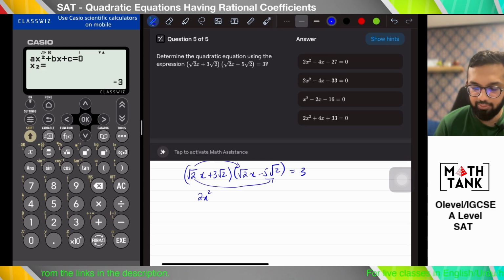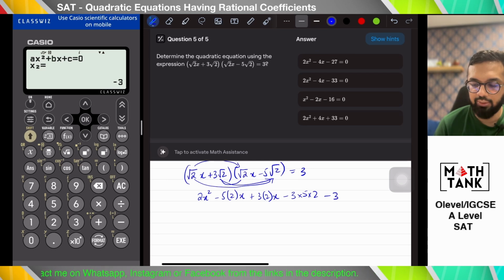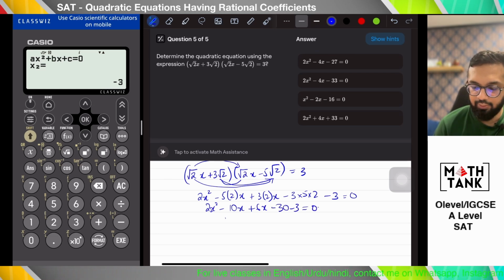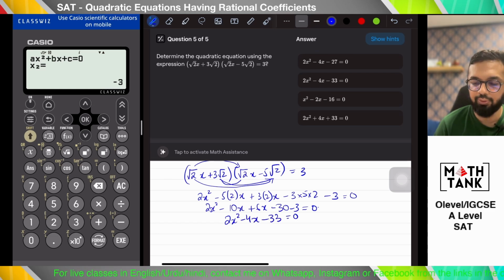Then this multiplied together will give me minus 5 into 2 into x plus 3 into 2 into x, and then minus 3 into 5 into 2. Minus 3 from the other side. So that gives me 2x squared minus 10x plus 6x minus 30 minus 3. So 2x squared minus 4x minus 33 equals 0.